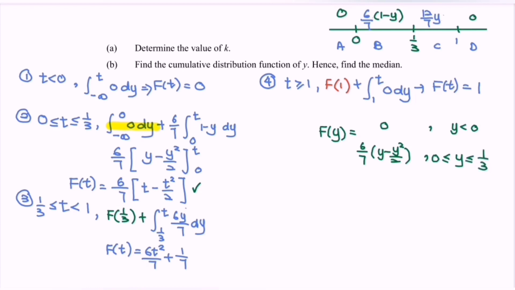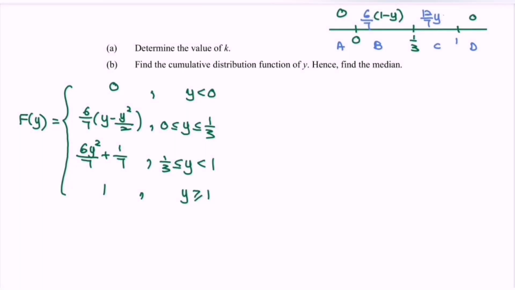The third function is 6y squared over 7 plus 1/7, with the domain y greater than or equal to 1/3 and less than 1. Finally, we have 1 for y greater than or equal to 1. That is the CDF, the cumulative distribution function of Y.